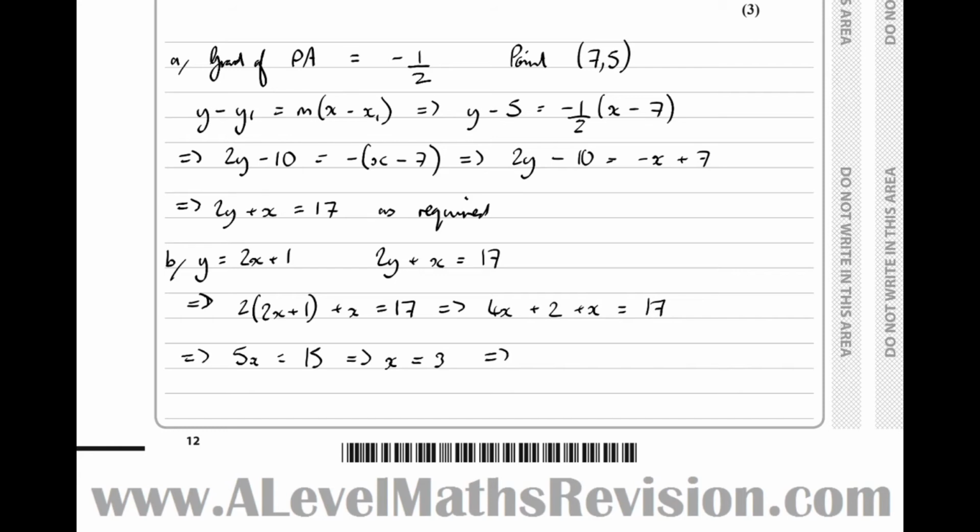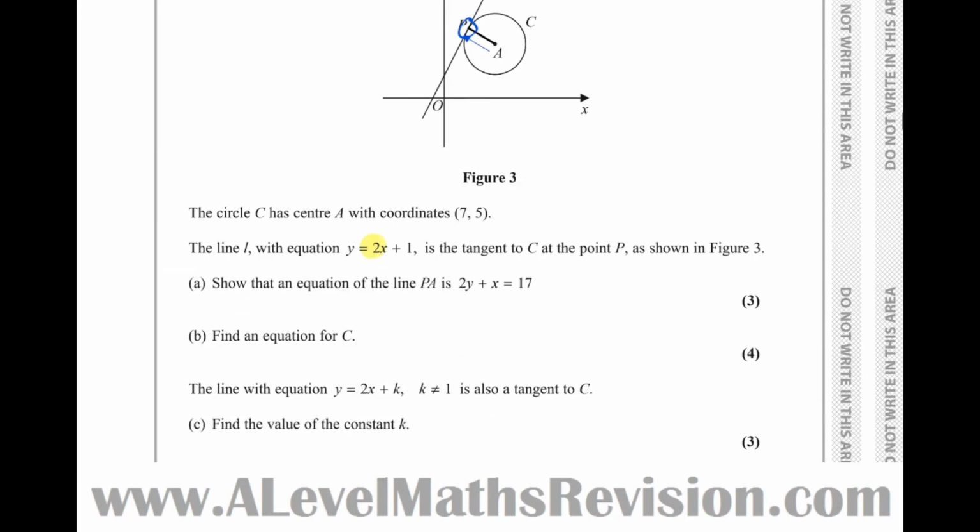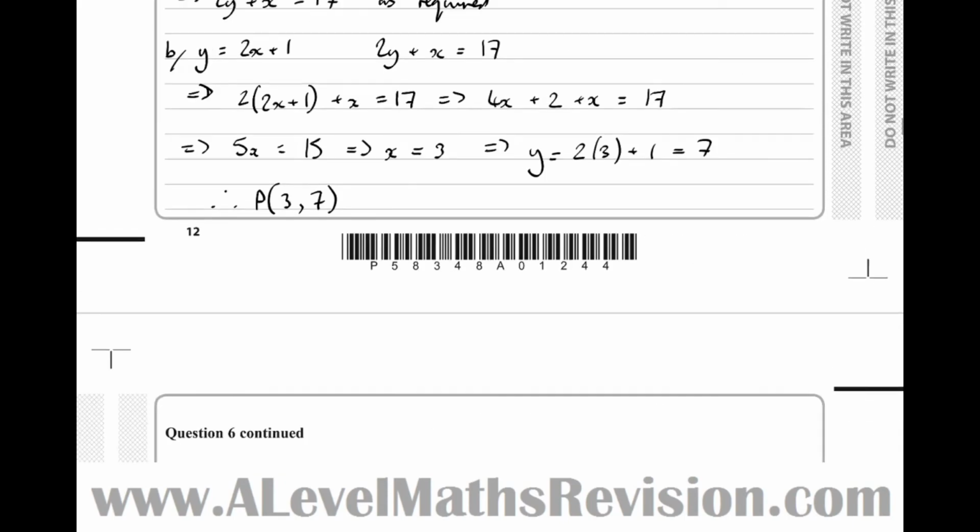Therefore, y equals 2 lots of 3 plus 1, which is 7. Therefore, P, the x coordinate we got was 3, and the y coordinate we got was 7. So we're a step closer. Now that we know the point P, we found it to be 3, 7.